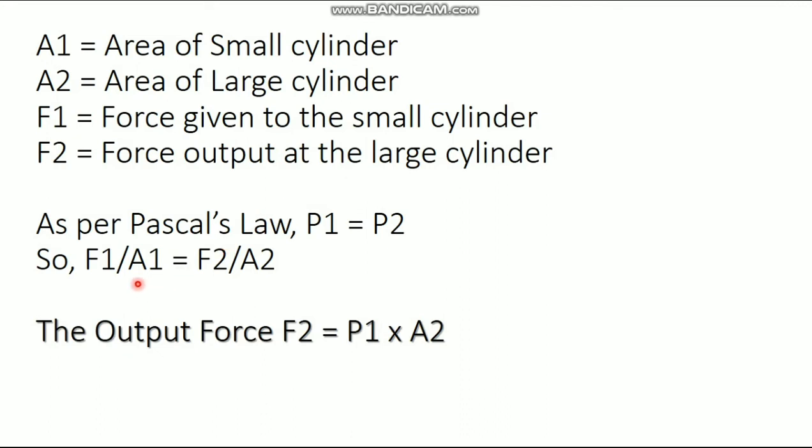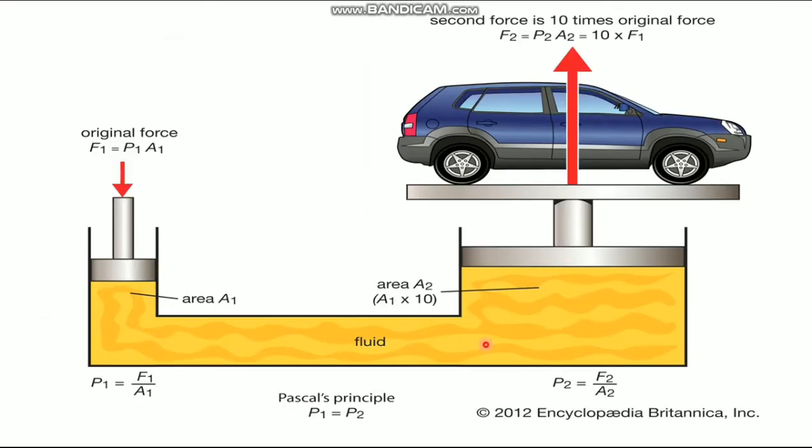We know the formula of pressure is force by area. So F1 by A1 is equal to F2 by A2. So the output force at the large cylinder is F2 equals P1 into A2, otherwise F1 by A1 into A2. So depending upon the area available in the large cylinder, we get the multiplication of force.